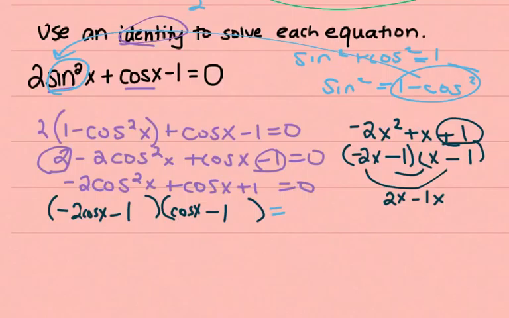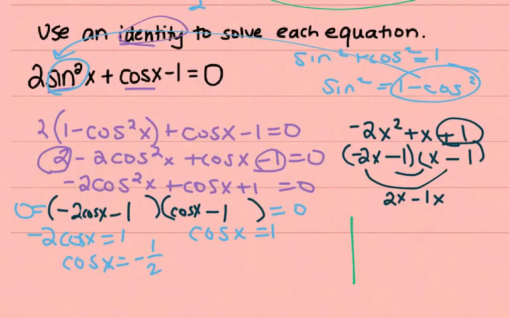Now I'll set each of these equal to 0. I'd get negative 2 cosine x equals 1, cosine x would equal negative 1/2, and then cosine of x would equal 1. So I want to go around my unit circle and find all the places where cosine is negative 1/2. So the x's are negative in the second and the third quadrant, and negative 1/2 is at your over 3.